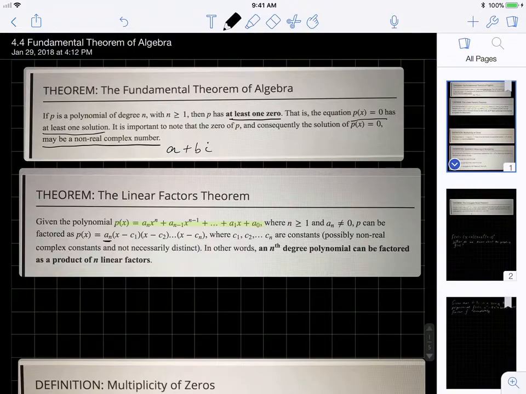So you have some leading coefficient and you have factors x minus c sub 1, x minus c sub 2, all the way down to x minus c sub n, where these c's are constants, but again, possibly non-real complex constants. And they're not necessarily distinct. So some of those can be the same. So this could be x minus 1, and so on and so forth. In other words, an nth degree polynomial can be factored as a product of n linear factors.